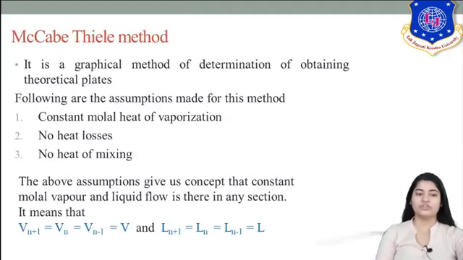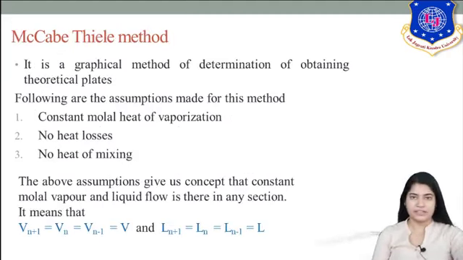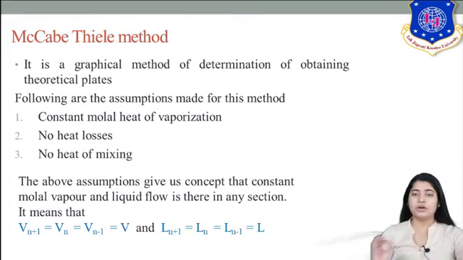Moving forward with the McCabe-Thiele method, the basic important thing to remember whenever you are describing this method is, first of all, to list out the assumptions. Three important assumptions are there: constant molar heat of vaporization, no heat losses, no heat of mixing.